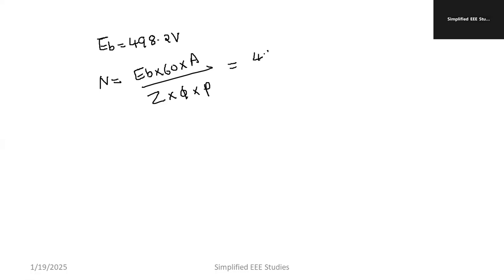EB is 498.2 volt into 60 into A. A must be 2, because for wave winding A must be 2.